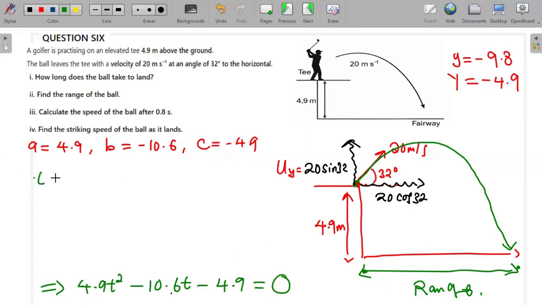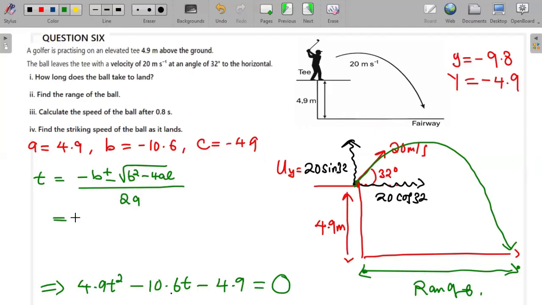So that will be t is equal to minus b plus or minus the square root of b squared minus 4ac, divided by 2a.